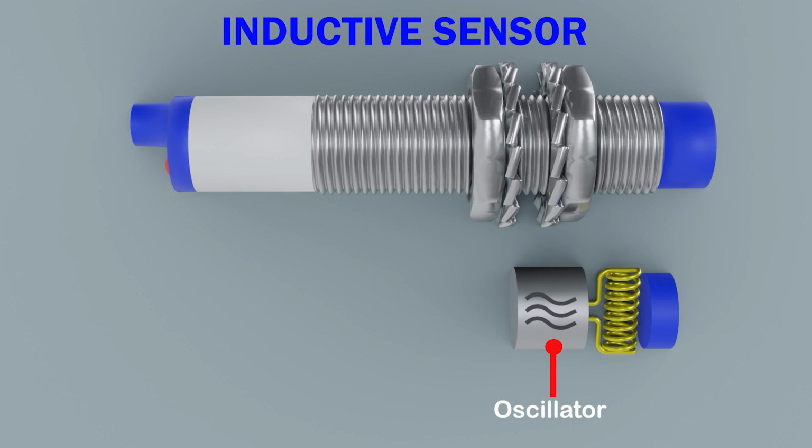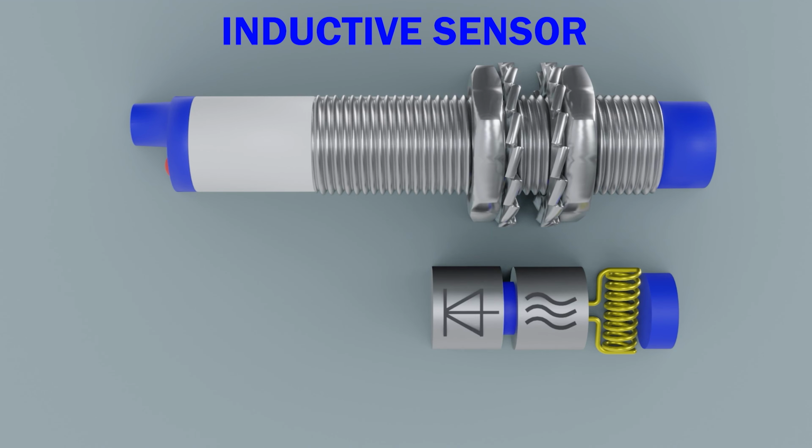Oscillator. It produces a high-frequency signal that is applied to the coil to create the magnetic field. This signal is modified when a metallic object affects the magnetic field. The resulting variation is used to determine the presence or absence of the object. Rectifier. It converts the alternating signal generated by the coil into a direct current signal.